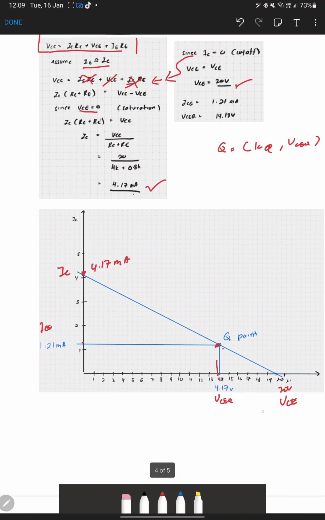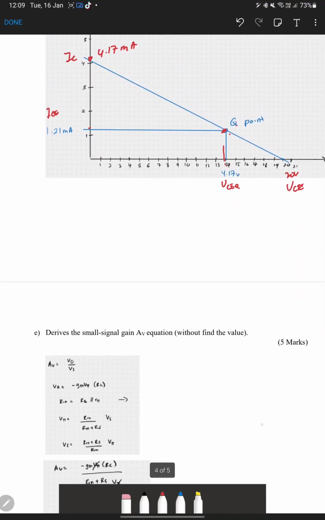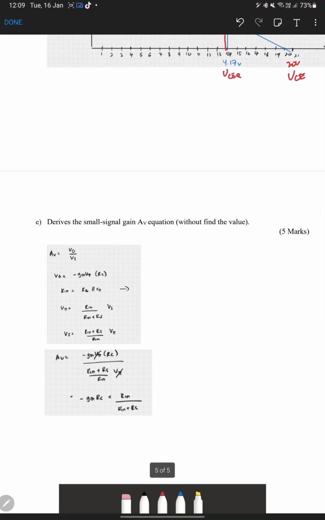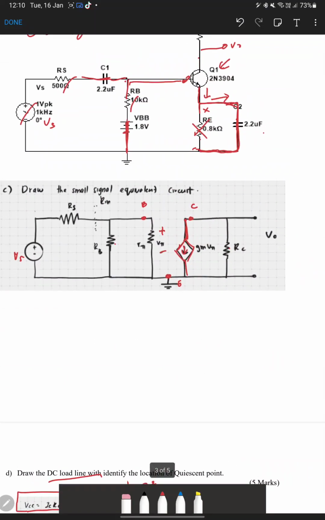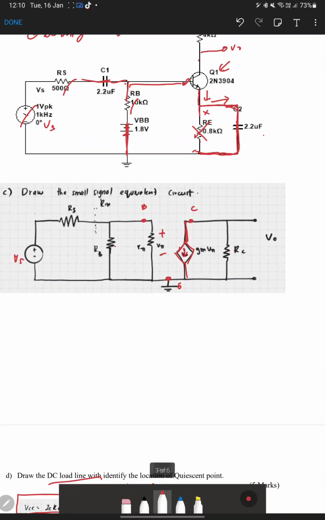Alright, for the fifth question, the question asks us to find the small signal gain, AV. So we already know AV equal to voltage output divided by voltage input, that we have VS, source. So to find the V out, we need to see our circuit. Alright, here is our V out.